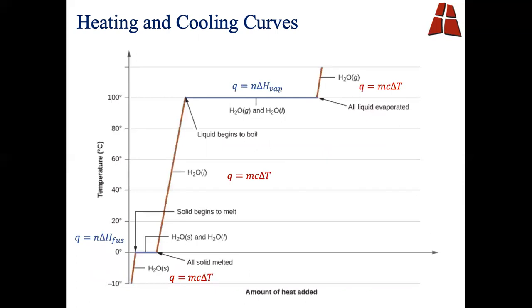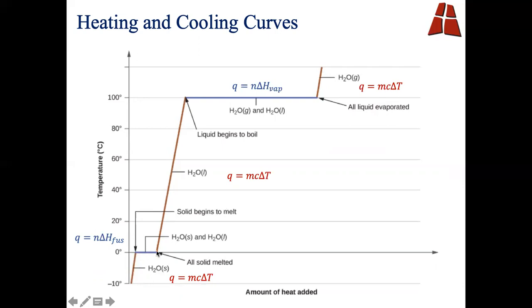Okay, so a heating and cooling curve looks something like this. If we were to plot it on a graph, this is a heating curve for water. If we started at the bottom here, say we start with ice at -10 degrees Celsius, and we change the temperature, we would calculate the total heat of the system using Q equals MCΔT.